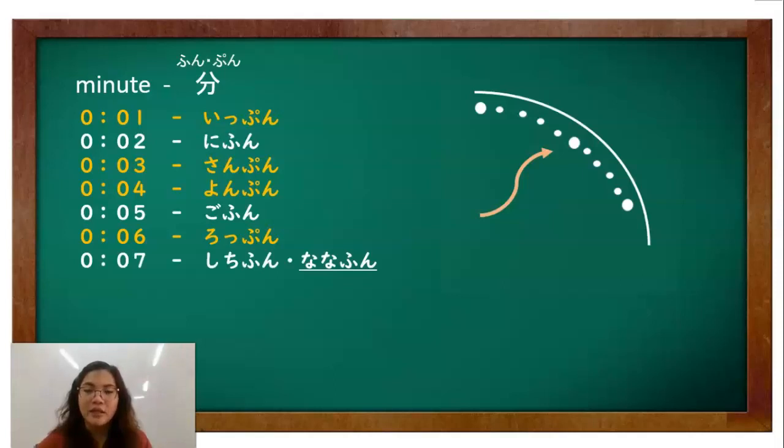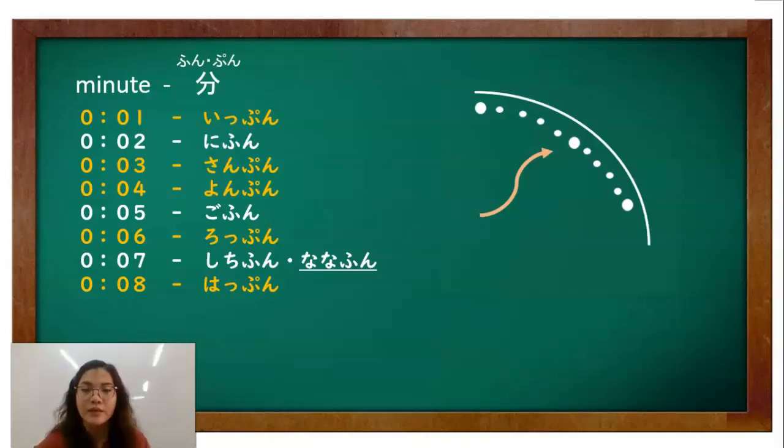Seven is Shichi Fun or Nana Fun. Either Shichi or Nana is okay, but only in minutes. Next, 8 is Hapun.